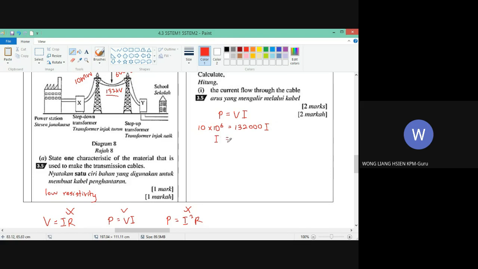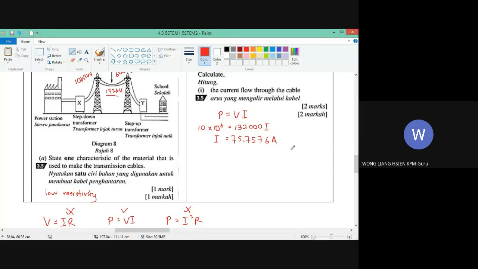So the current will be equal to, you will get 75.7576 ampere.